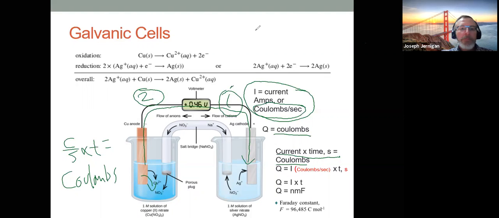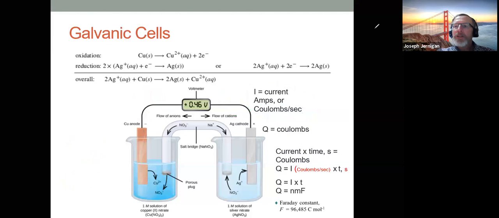And a coulomb that you measure is quantitatively related to the chemistry going on in your solution. That's the basis of some analytical chemistry techniques, one of which is called coulometry.